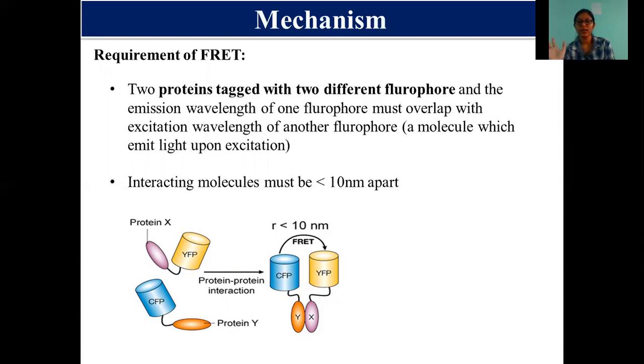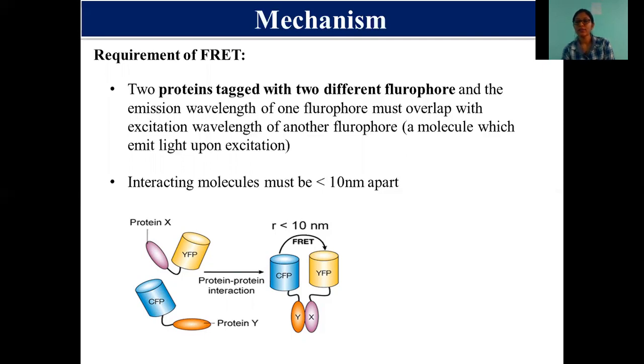But to study this mechanism, the two proteins we are using to study the interaction must be labeled with two different fluorescent agents, or two different fluorophore molecules, and those two fluorophore molecules must give an overlapping spectrum.